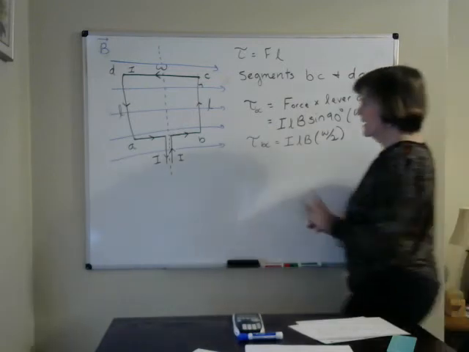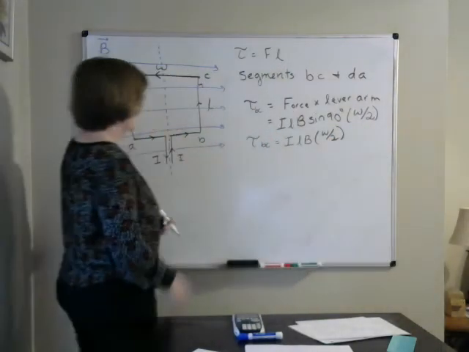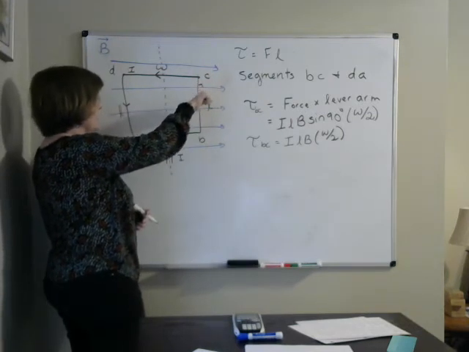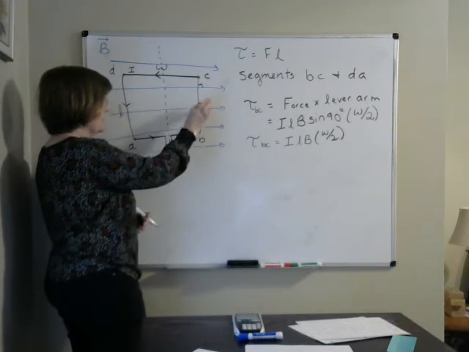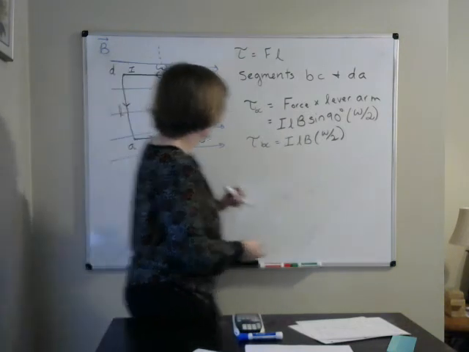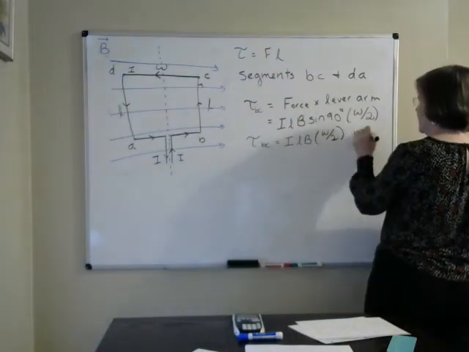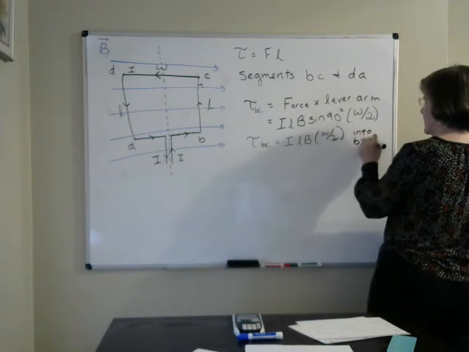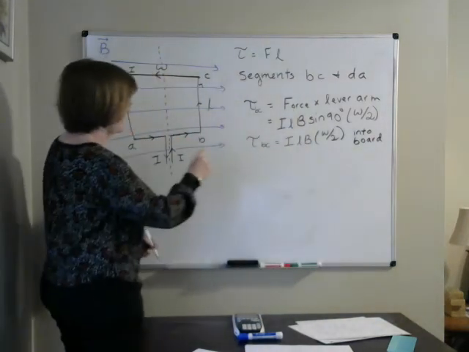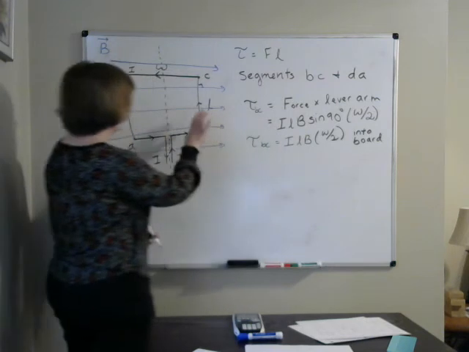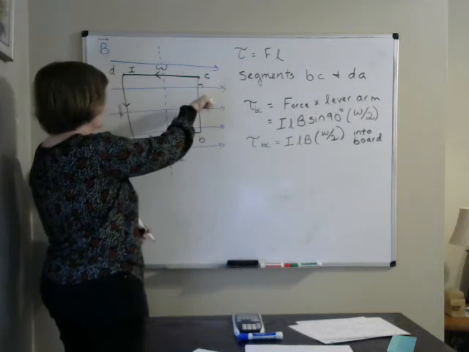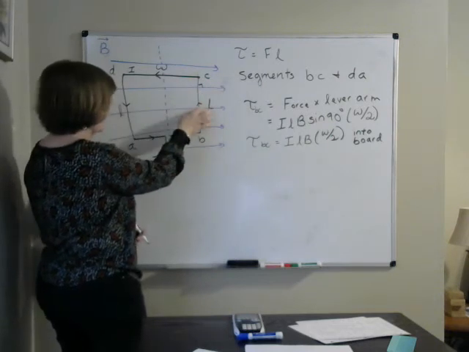If the current is up and B is to the right, I put my fingers up, B is to the right, and this segment feels a force that's into the plane. It wants to go that direction. So I'm going to put into board. That torque has a direction. It's going to be in the direction of this force. The torque is going to want to rotate so that it moves into the board.